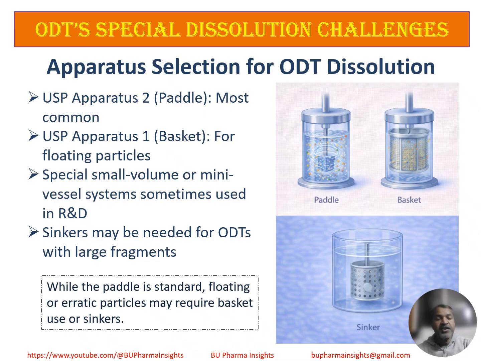This may artificially change disintegration and release. Apparatus selection matters. Apparatus 2 is the most common choice. Apparatus 1 is best for floating particles. Mini vessels are used in early R&D for small doses. Sinkers only when large fragments float.